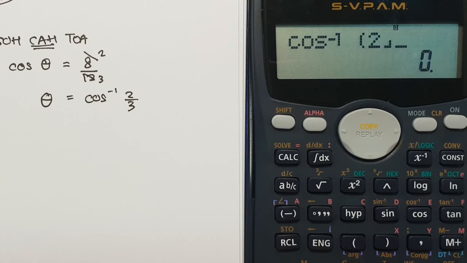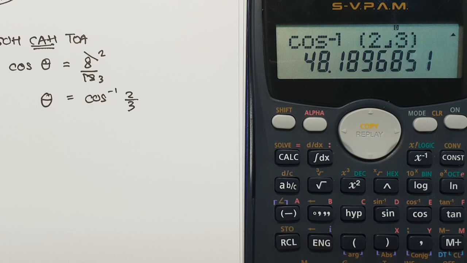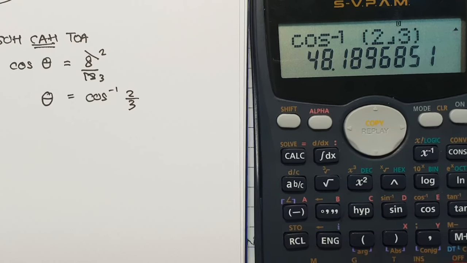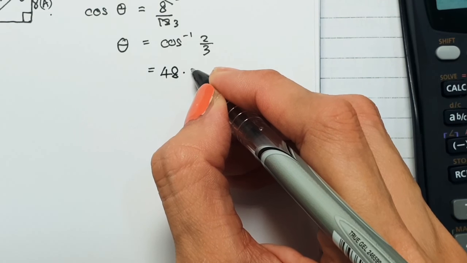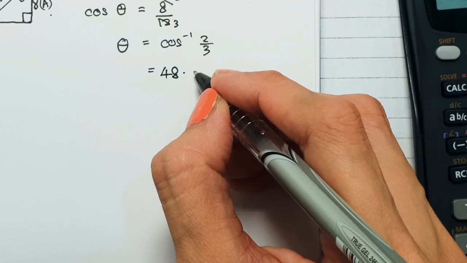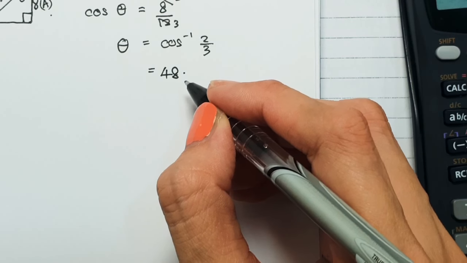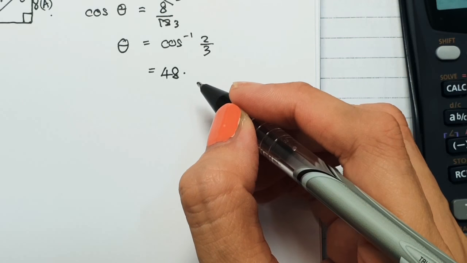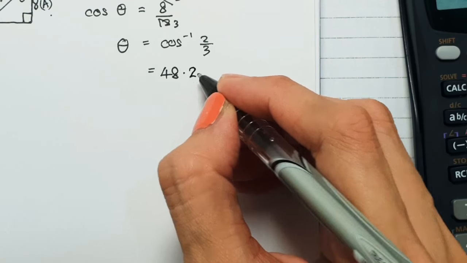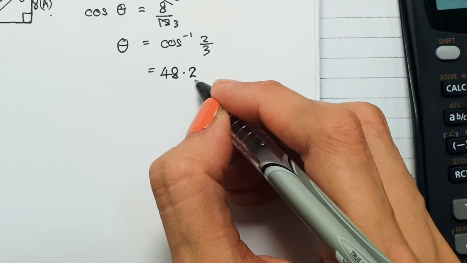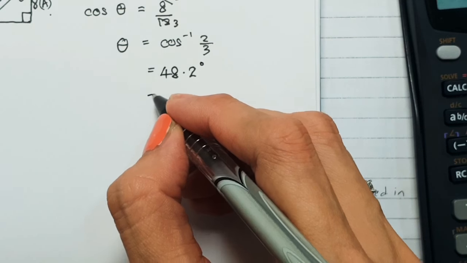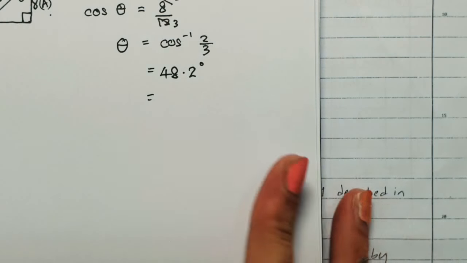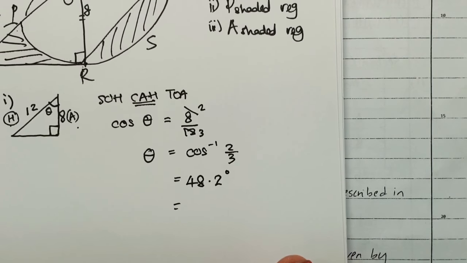So we will have this to be 48.19 degrees. For angles, I will just round off to 1 decimal place, so 48.2 degrees. And then we need to change that into radian because the question wants us to give the answer in radian.